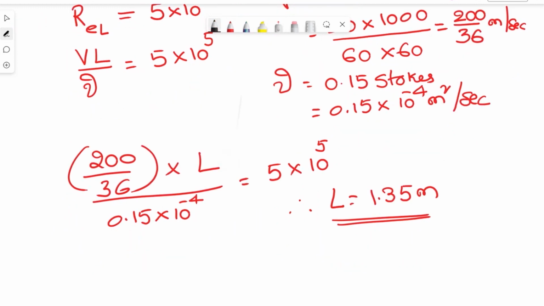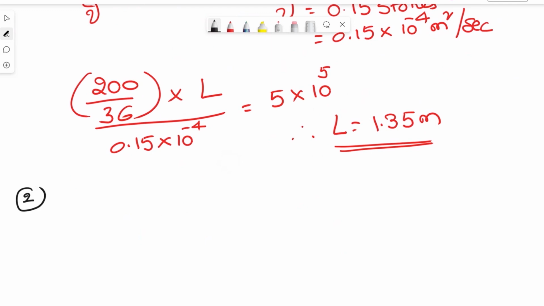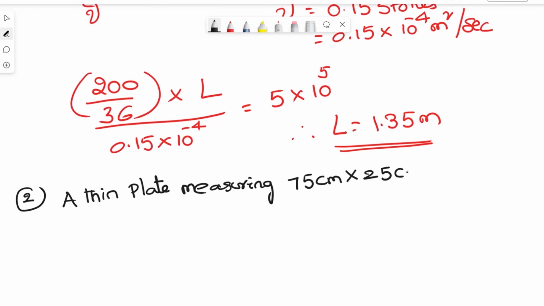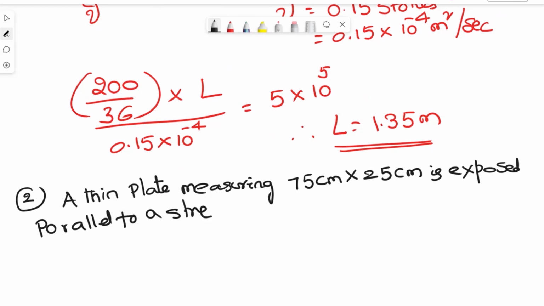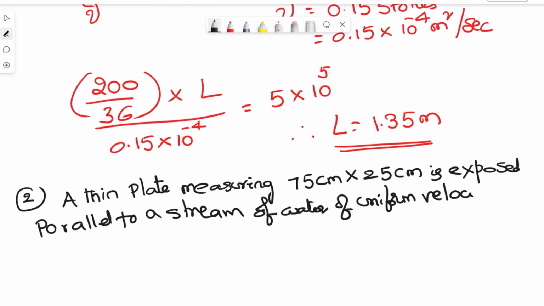So let us go to the second problem. A thin plate measuring 75 centimeters by 25 centimeters is exposed parallel to a stream of water of uniform velocity 1.2 meters per second.